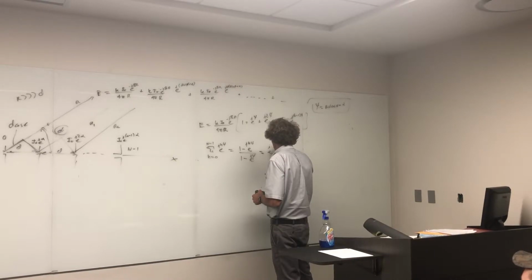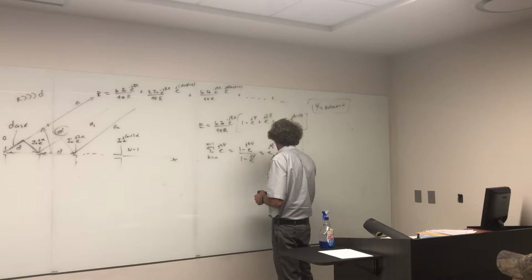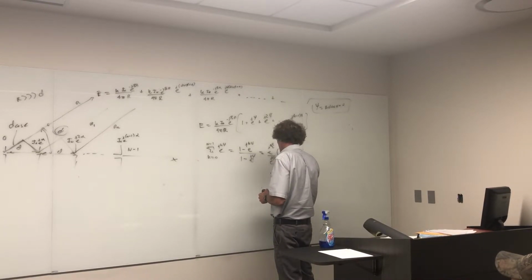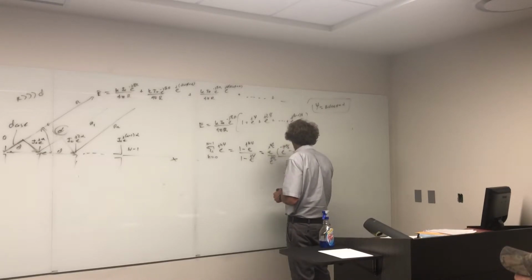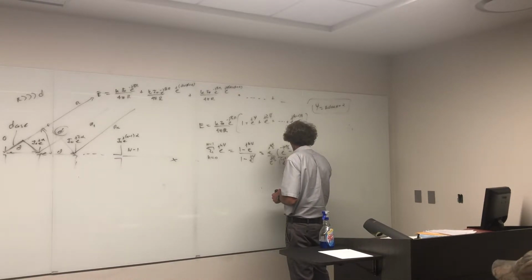This is going to be e to the j n psi over 2 upstairs and e to the j psi over 2 downstairs. And what I get now is going to be e to the minus j n psi over 2 minus e to the j n psi over 2 over e to the minus j psi over 2 minus e to the j psi over 2.